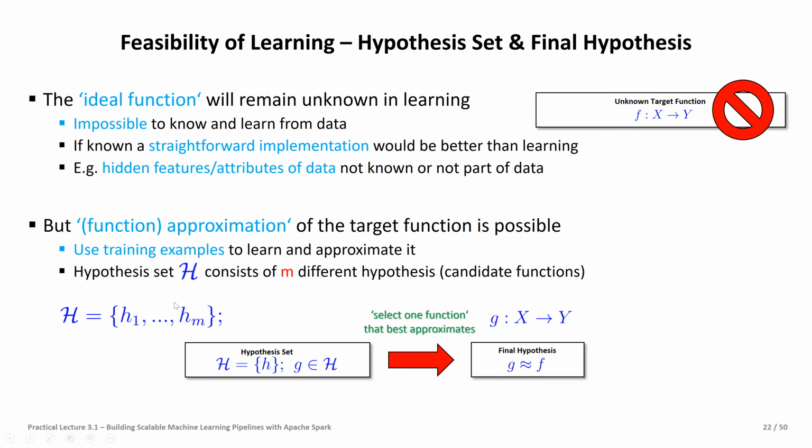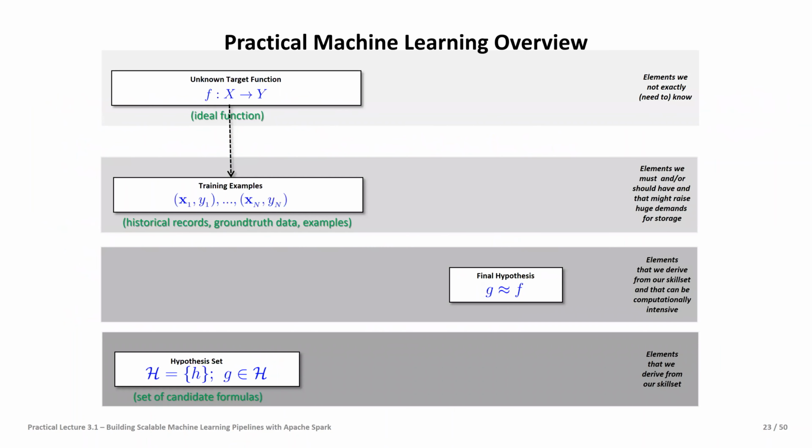In the end, what we want to achieve is a function that hopefully approximates the one we defined in the beginning, the target function. And this would be the final hypothesis. We have been doing this with the perceptron algorithm and then ending up with one defined, which was our final hypothesis.